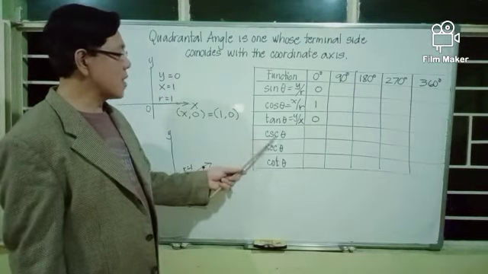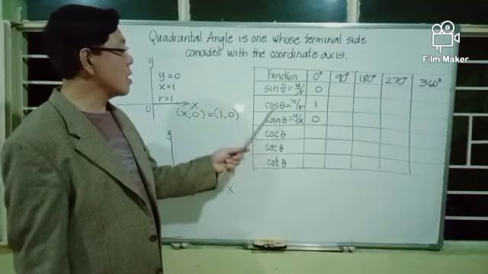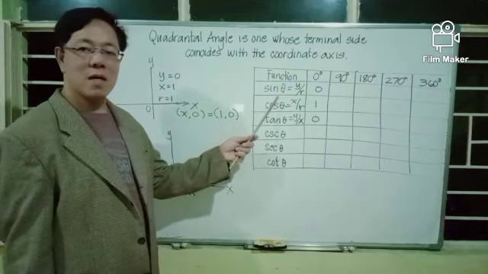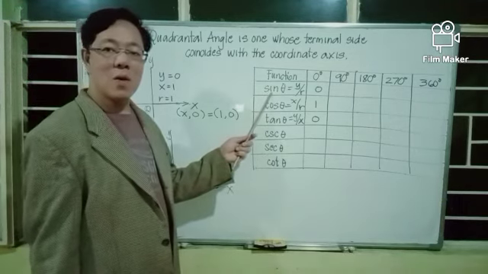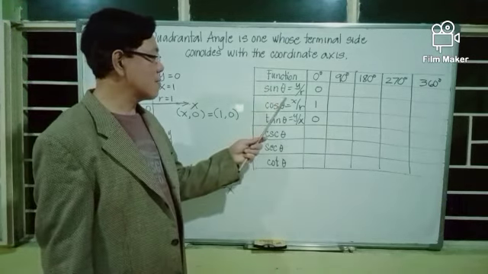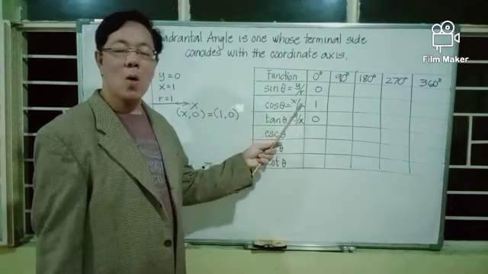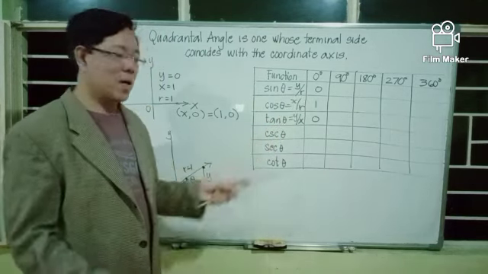And cosecant of theta is the reciprocal of sine of theta. The value of cosecant theta is equal to the reciprocal of the value of sine theta, and the reciprocal of y over r is r over y.